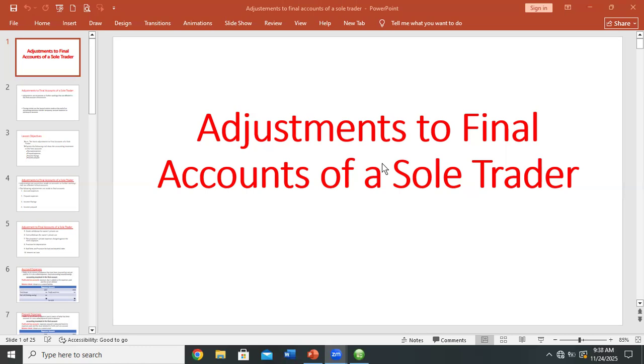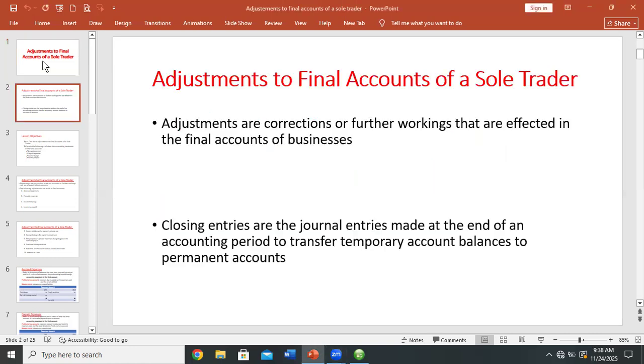So adjustment here means that we are going to be doing more of corrections by either adding on or subtracting, okay, to some of the items on the financial statement. So let's look at what adjustments are technically. Adjustments are corrections, like I just said, or further workings that are effected in the final account.